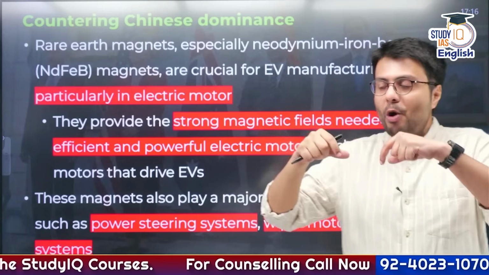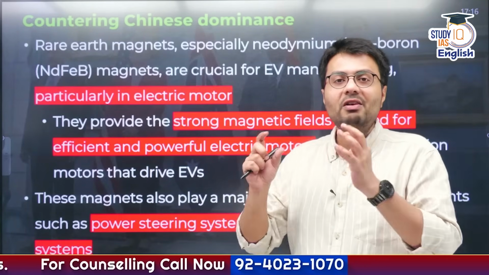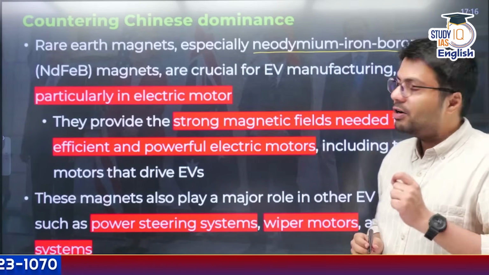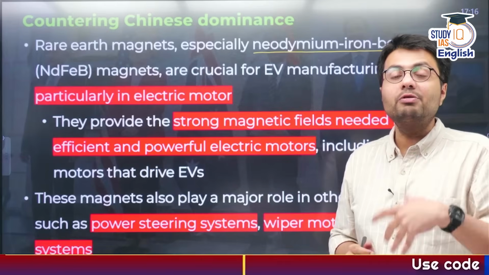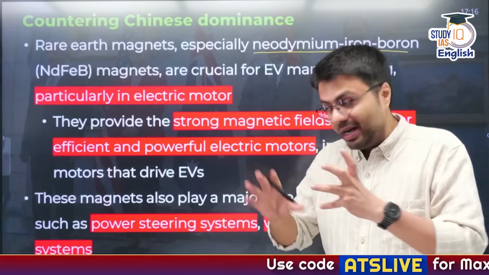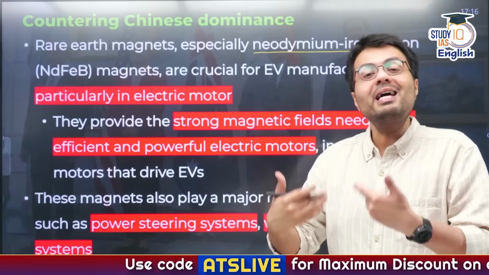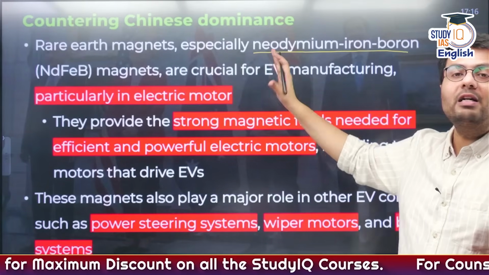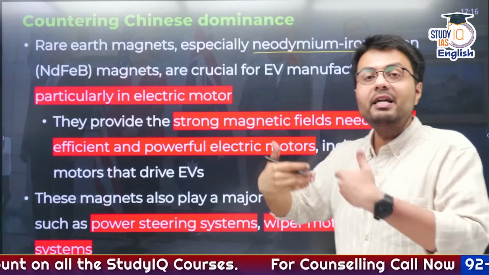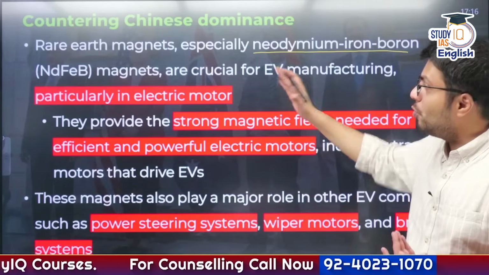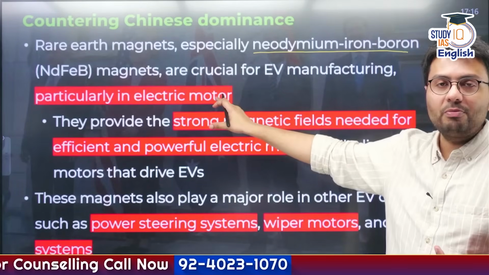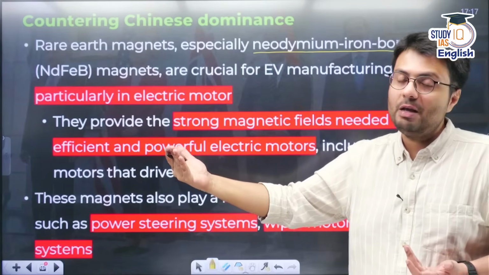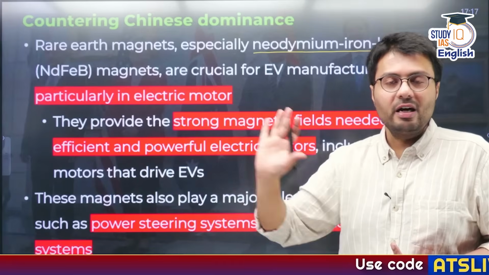Now, one of the important derivatives of critical minerals is rare earth magnets. Rare earth magnets, including magnets like neodymium iron boron magnets, are very crucial when it comes to manufacturing electric vehicles. For example, to power these electric vehicles, you require an electric motor. The rare earth magnets provide the electric motor with the ability to generate a strong magnetic field, so the motor will have higher power as well as be more efficient in delivering the power required to run the EV, right?